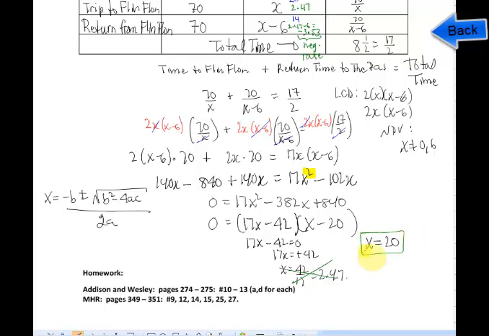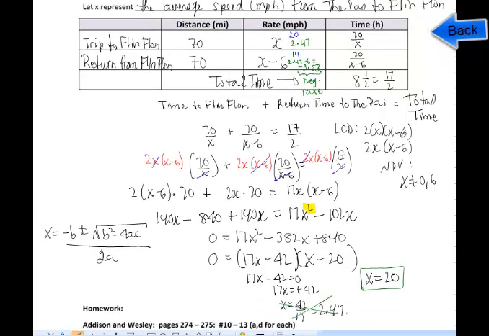Okay, and once again, you can check that out. Let's just plug it in and see what we get. We know that our total time should be 8.5 hours. So if I put in 70 over 20, I get 3.5.